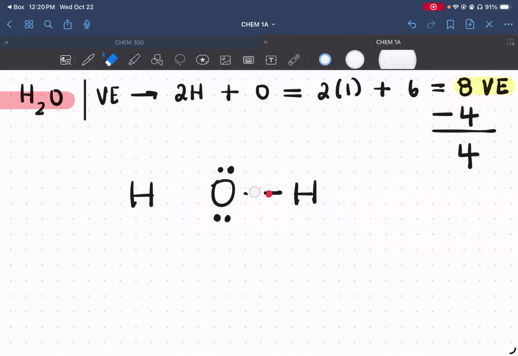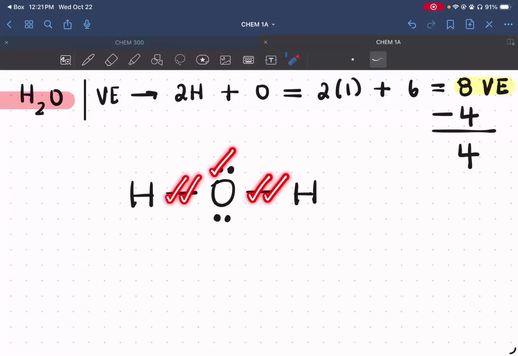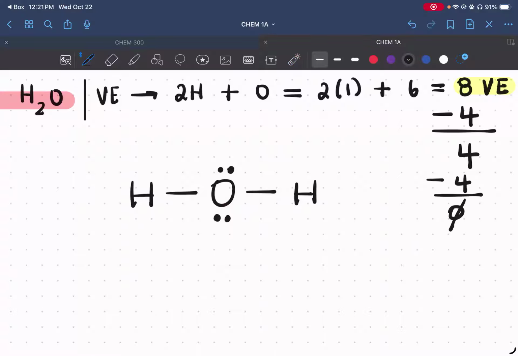Although those dots will not always be explicitly drawn, we do know there is a single bond between each atom. 1, 2, 3, 4, 5, 6, 7, 8. As of right now, this molecule, as drawn, shows all 8 valence electrons.